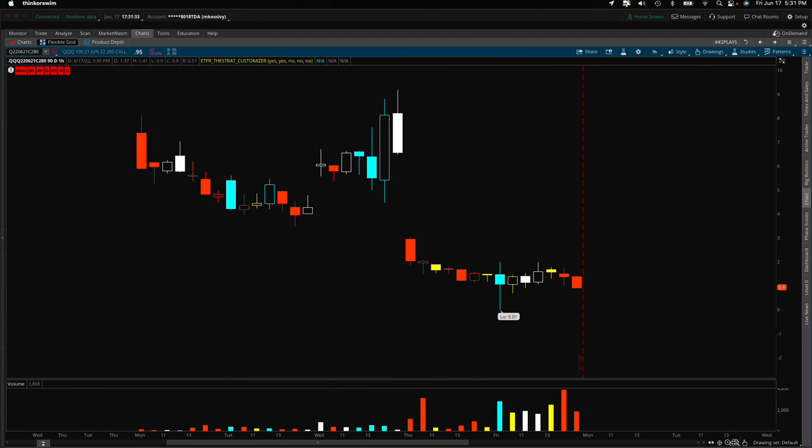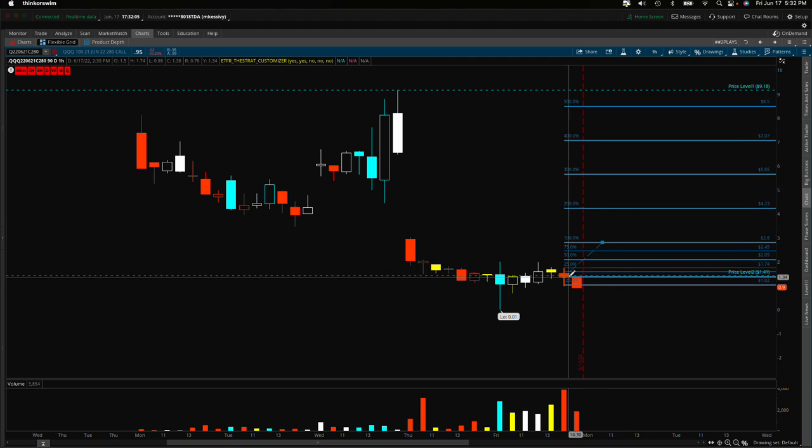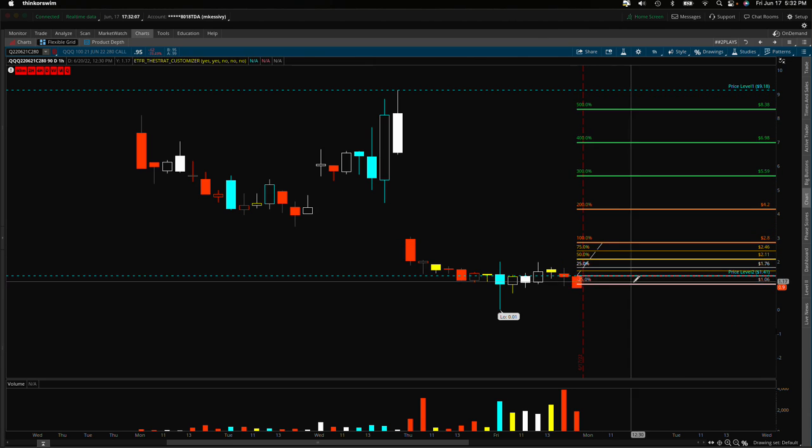All right, so we see a high point here at 9.18, and if we go above this level, that's our entry at 1.41. So we have about a good 700%. We can just click our Fibonacci retracement tool. 1.4 times 2 is 2.8. So we'll go to 2.8 and then bring it back down to 1.4.